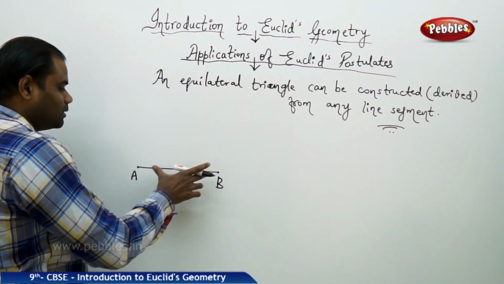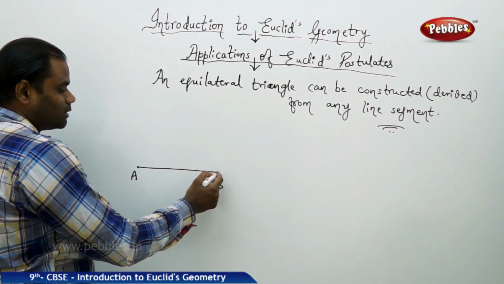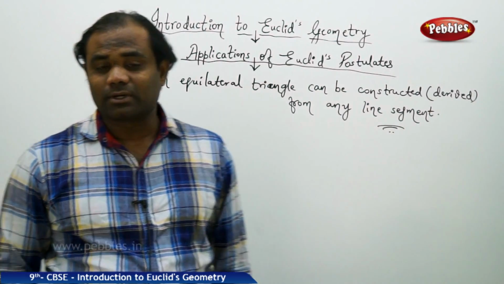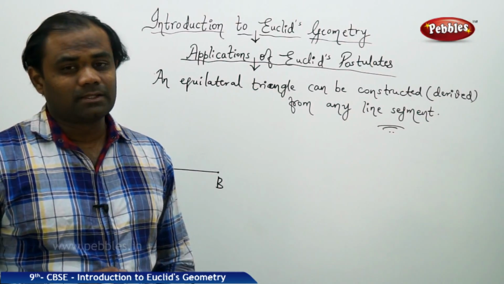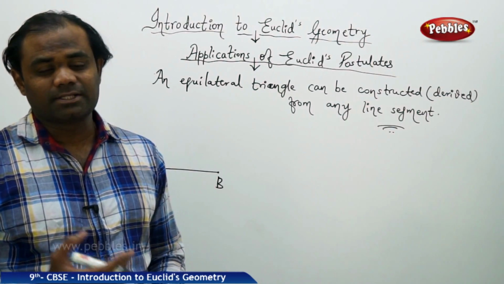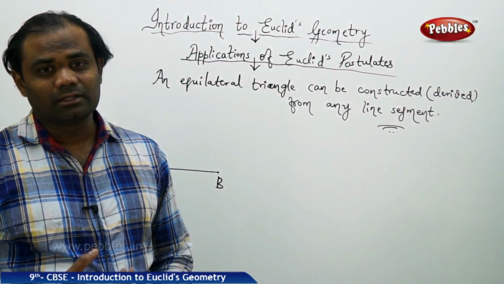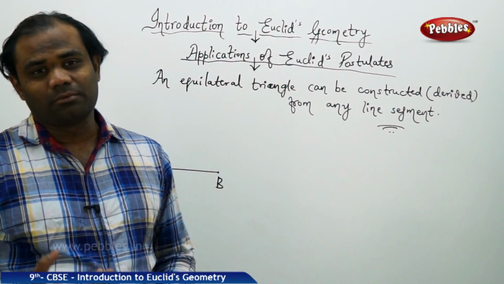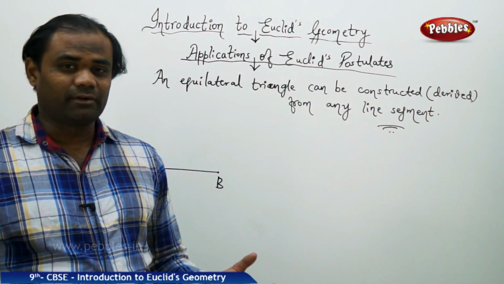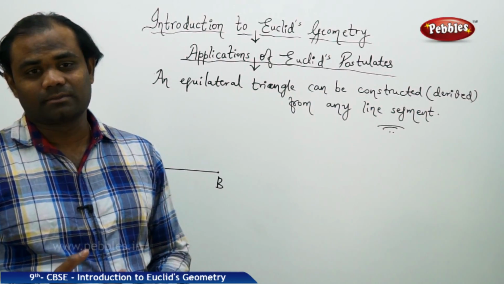Therefore, he used the circle property to construct an equilateral triangle from a line segment. The circle property, as he defined it, says that any circle with any radius can be formed, simply by taking different radii and different centers.